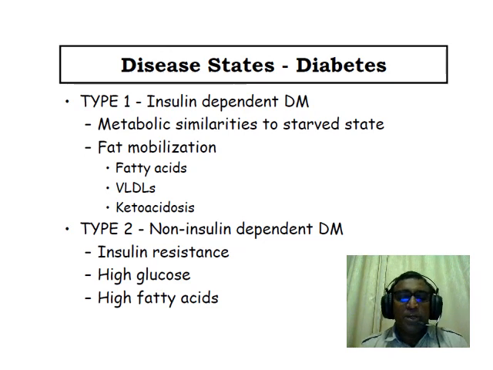Type 2 diabetes is non-insulin dependent, and therefore they do not have to rely on insulin. So no need to inject insulin. This one normally happens to people who are 40 or 50 and above, because they become obese and therefore there is not enough insulin, or insulin is secreted but is resistant to doing its function.